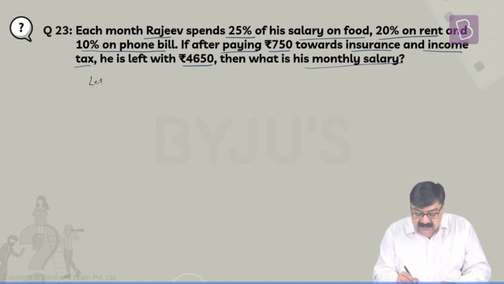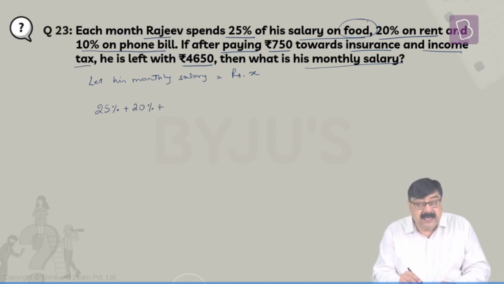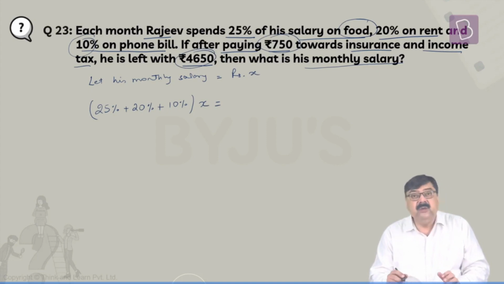So let his monthly salary be equal to rupees X. Now, Rajiv has spent 25% on food, 20% of his salary on rent, and 10% on phone bill. So, all this together of X. Now, I'm taking the other figures, that is the ones which are mentioned to us in rupees on the right hand side.